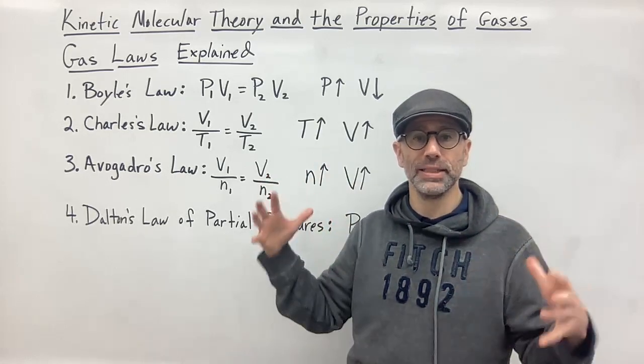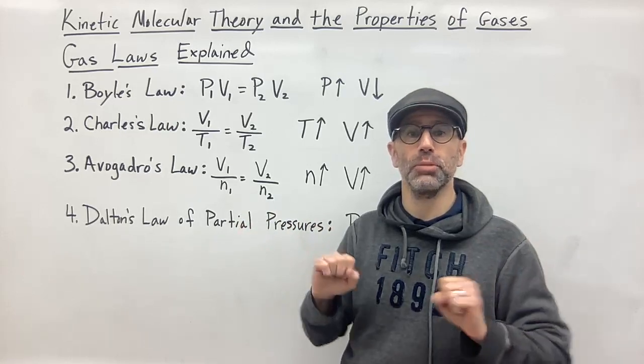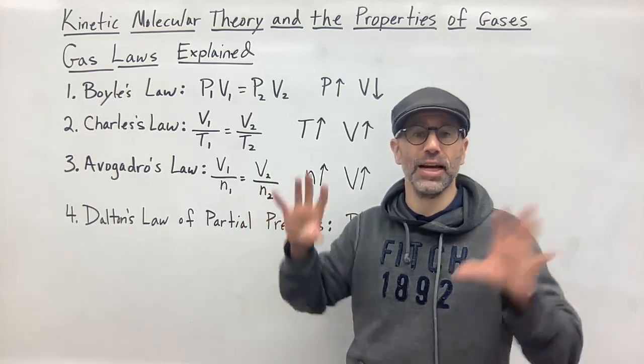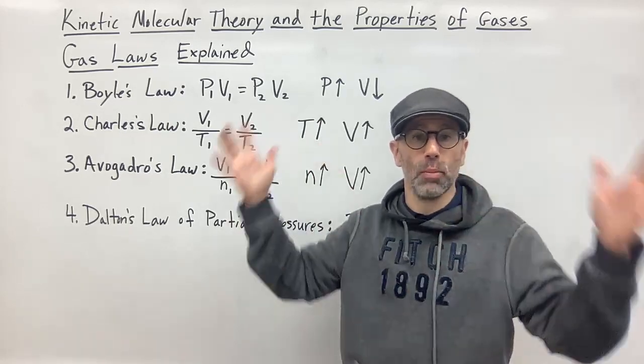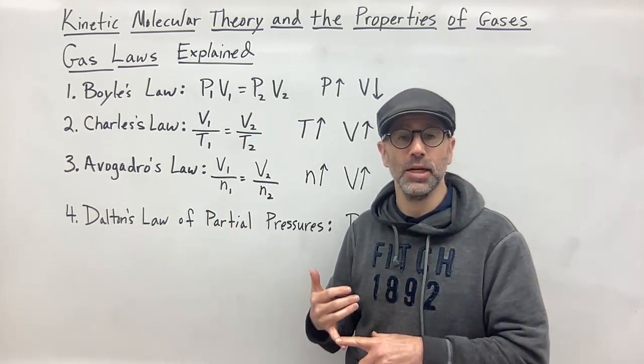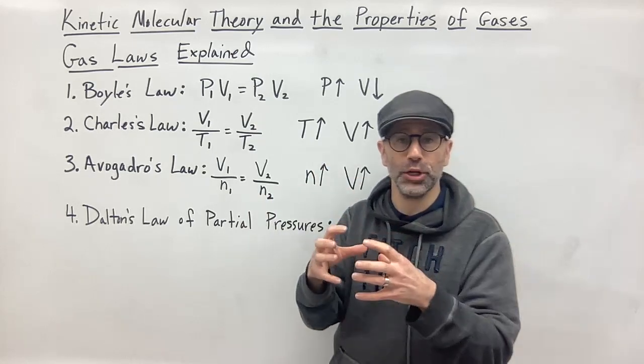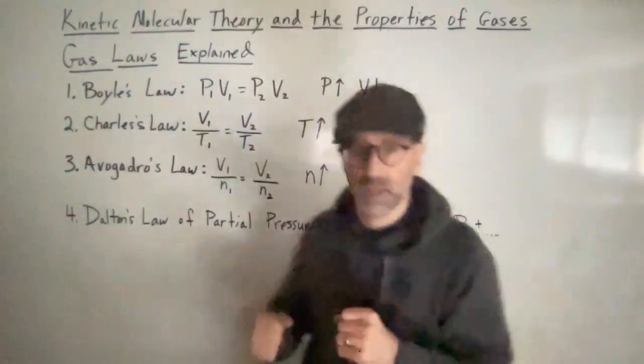So if you increase the surface area of the container, then fewer particles are going to be hitting up against the sides of the container at any one moment, because there's just so much more space. So therefore, less pressure, right? You decrease the volume, therefore, more surface area.